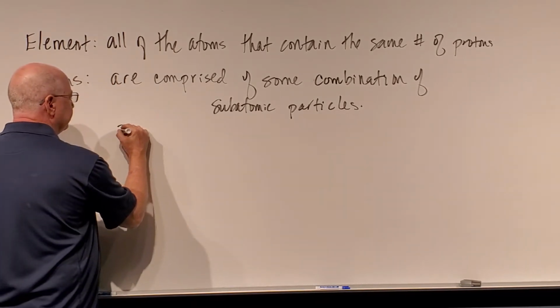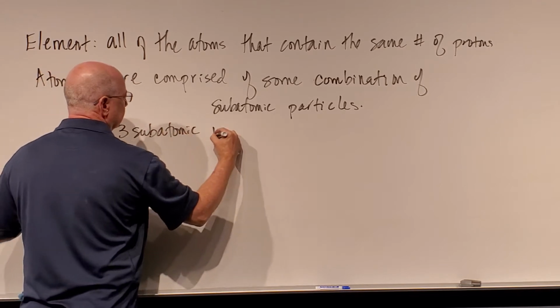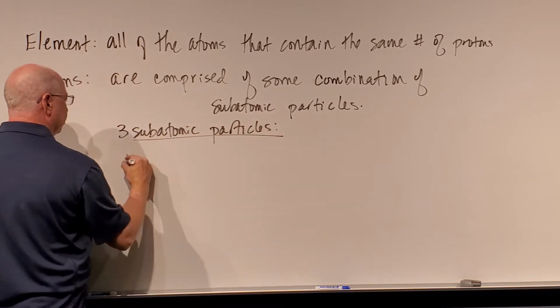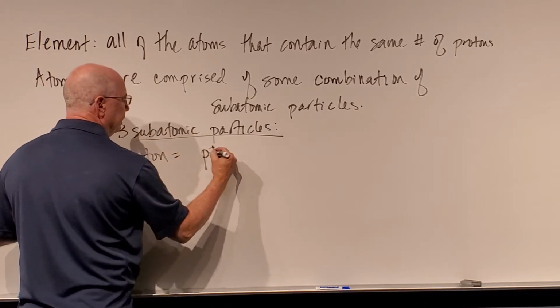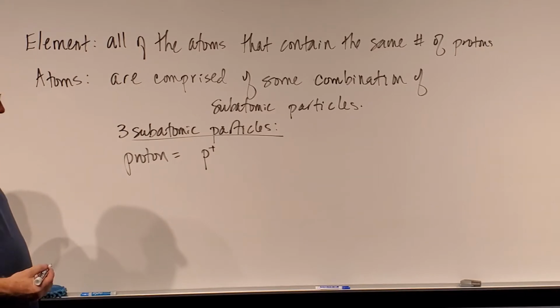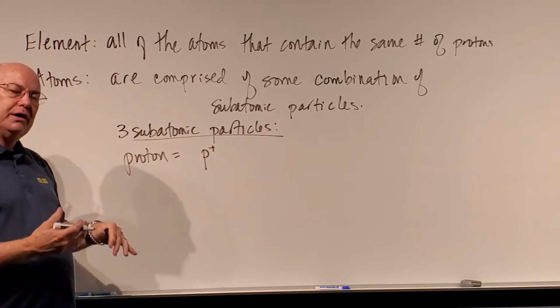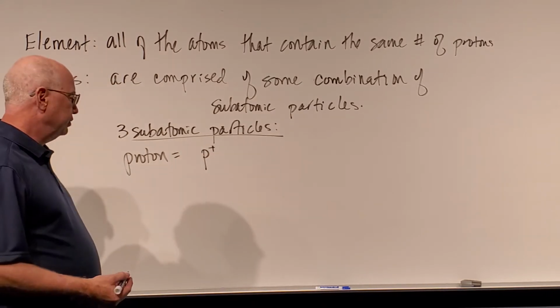There are 3 subatomic particles that we're going to talk about. One is called a proton, and you should know the abbreviation of a proton. It's a P with a little positive superscript. Anytime you see this, or when we're drawing atoms and we see a positive charge, we're talking about protons.